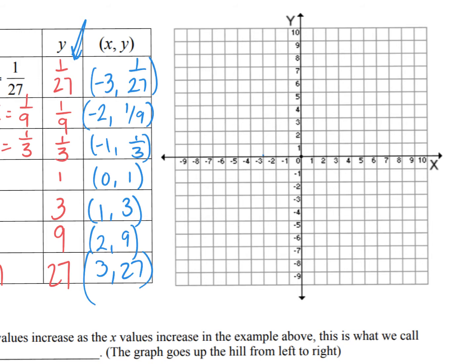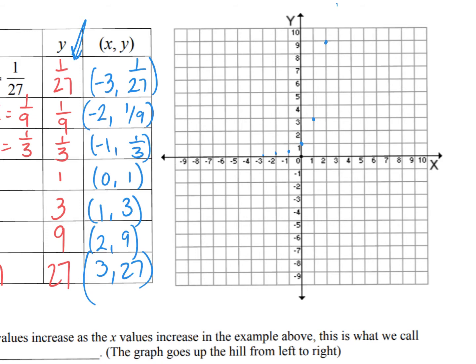It's not on 0, but it's really close to it. Then we're going to go to -2 and 1 over 9, which gets a little higher. And then -1 and 1/3, which is about a third of the way. And then I have 0, 1, 1, 3, 2, 9, and then 3, 27. Let's just say it's somewhere up there.